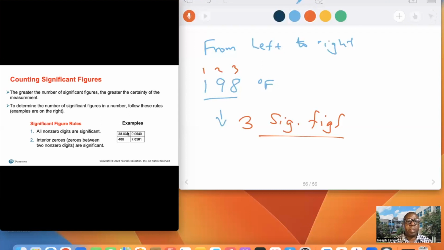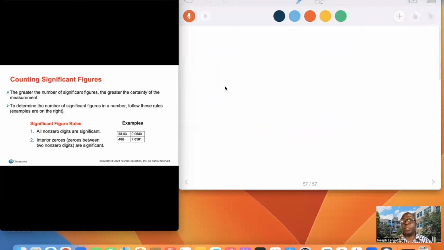And here in the example, what you see bolded, 2, 8, and 3 are significant. 4, 5, they are significant. Rule number 1, non-zero: I just pick non-zero digits.